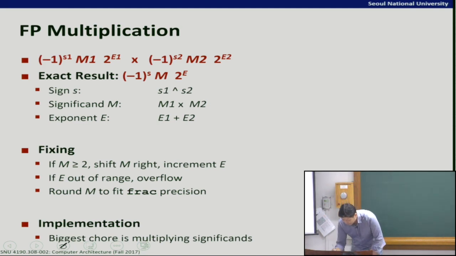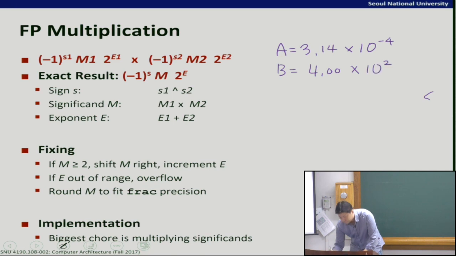So let's think about an example in decimal numbers, which you already know, hopefully. We want to multiply two numbers: A, which is 3.14 times 10 to the power of minus 4, and B, which is 4.00 multiplied by 10 to the power of 2.